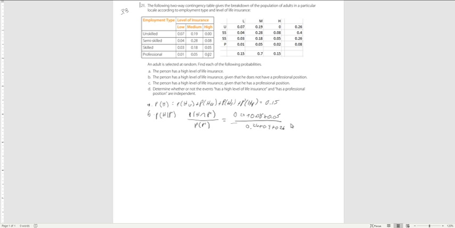I have to add all these up. This is going to be 0.33 divided by 0.24892.